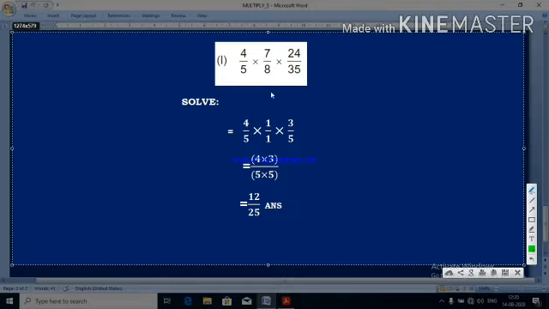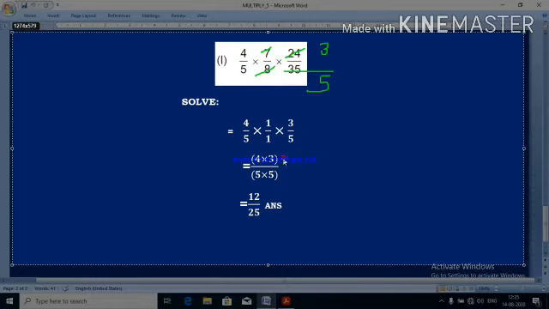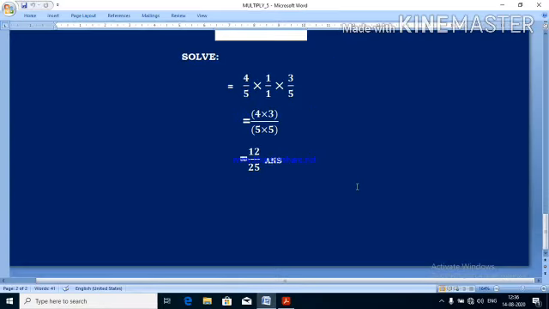So in this case 7 5s are 35, and 8 3s are 24. Okay, we will cancel this. So 4 into 3 and 5 into 5, 4 3s are 12 and 5 5s are 25. So 12 by 25 is your answer. Okay, so in this way you have to solve worksheet 7.